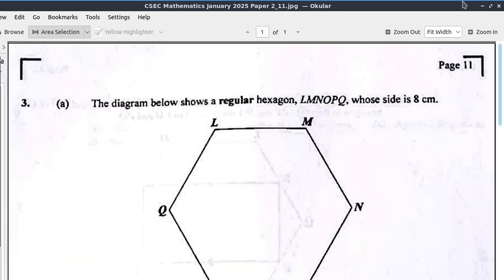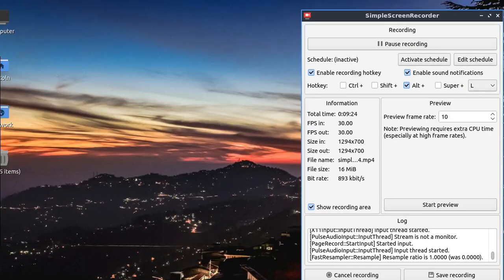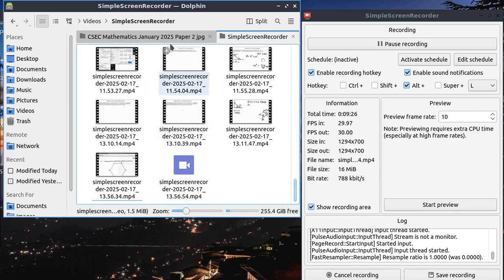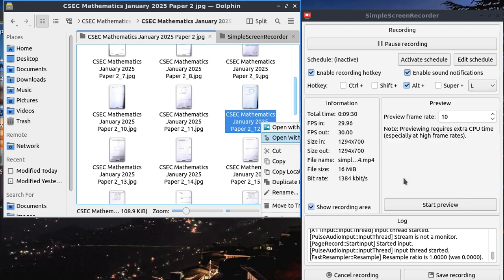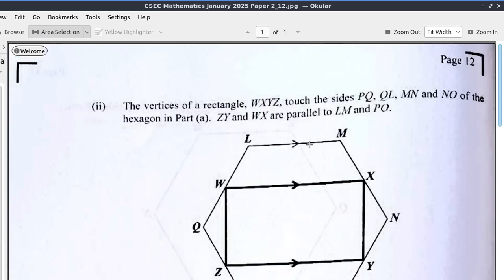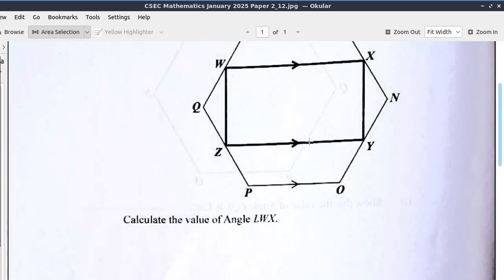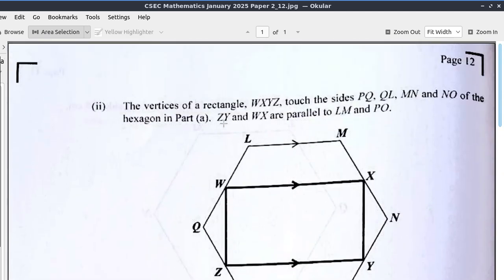This is part A. Let's see what the other part is like. Part B: the vertices of a rectangle WXYZ touch the sides of PQ, QL, MN, and NO of the hexagon.